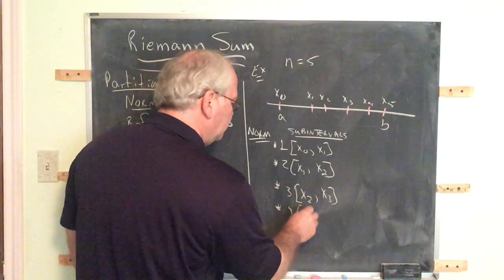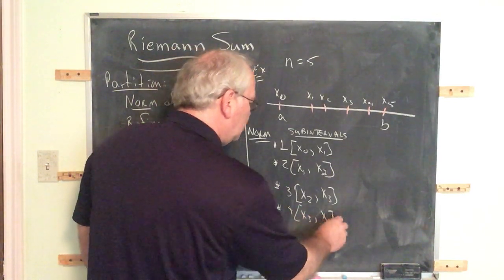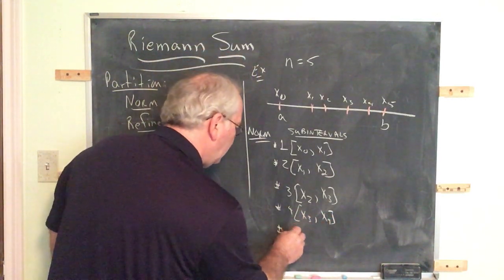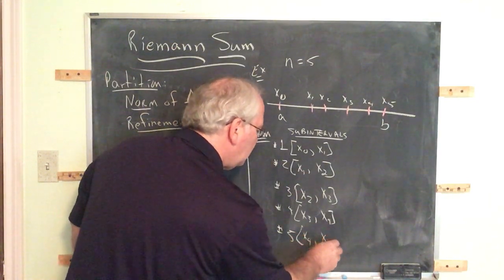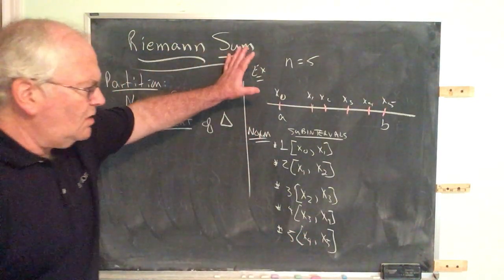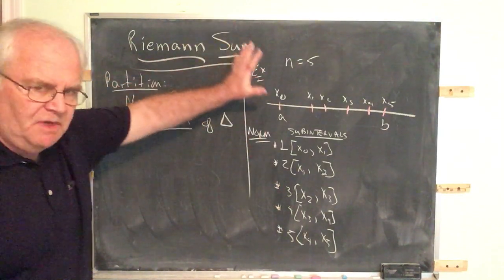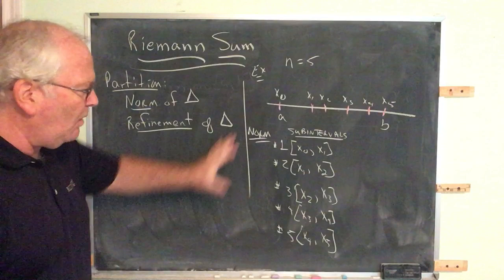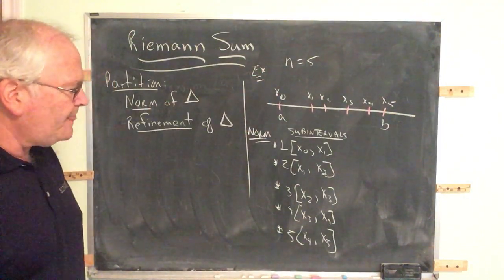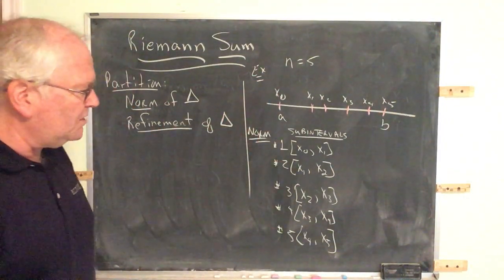Number 4 goes from x3 to x4. And number 5 goes from x4 to x5. Now, you don't need to be able to reproduce this. You won't be required to generate this. I'm just showing you what these ideas are, what they correspond to in this picture. But we have these subintervals.